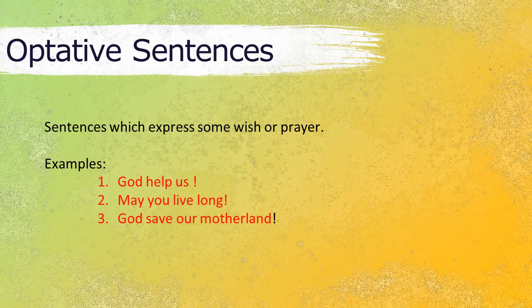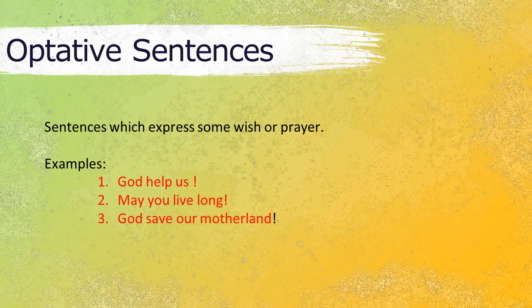The fifth type of sentences are called optative sentences. Here an optative sentence also looks like an exclamatory sentence. What is the specialty there? Sentences which express some wish or prayer are called optative sentences. Let us see some examples.